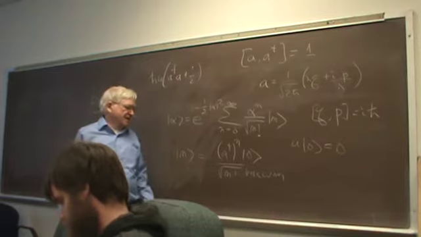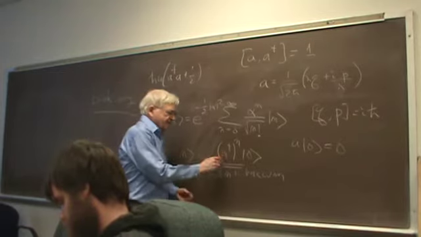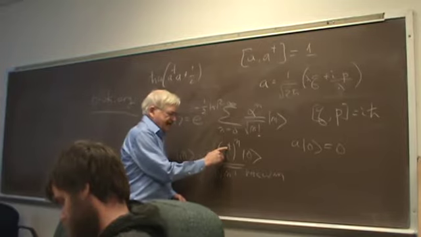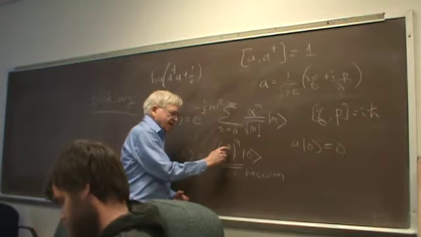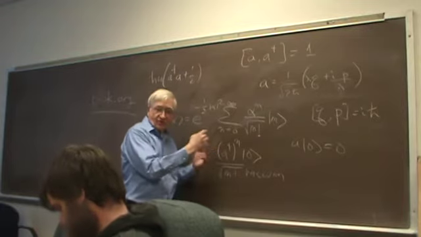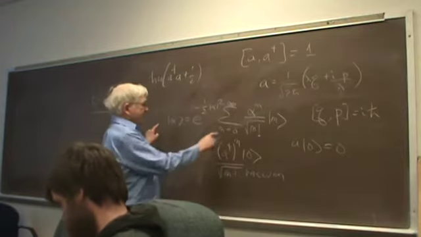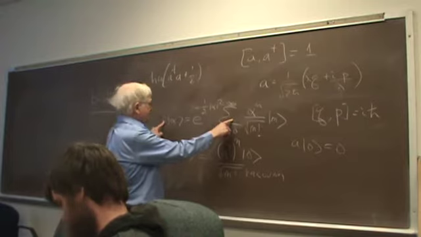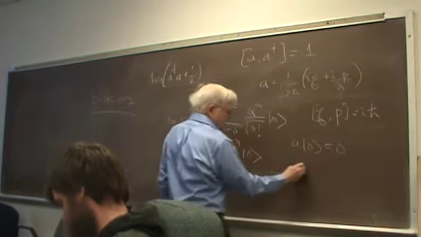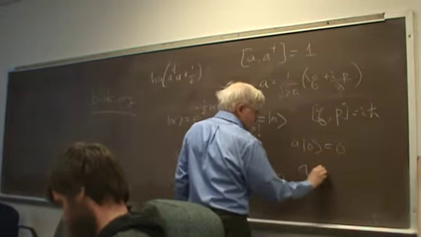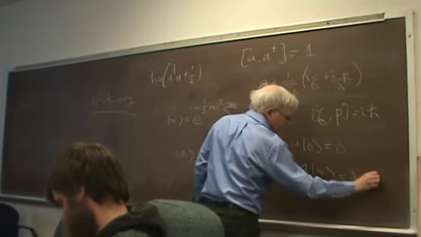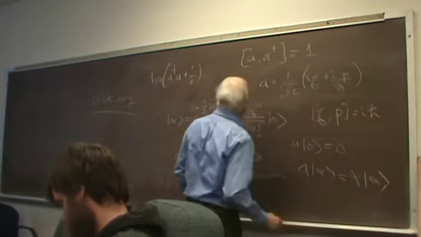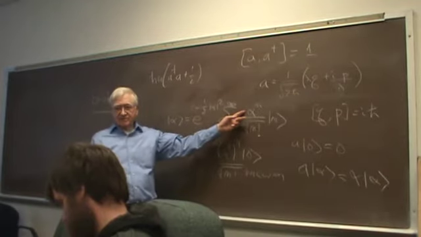Anyway, the important thing is each one of these a daggers takes you from 0 to 1, from 1 to 2, and so forth as you hit it again and again. And the cute thing about this coherent state is that it's an eigenstate of the annihilation operator with eigenvalue alpha, where alpha is an arbitrary complex number.